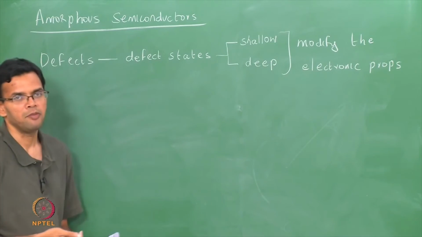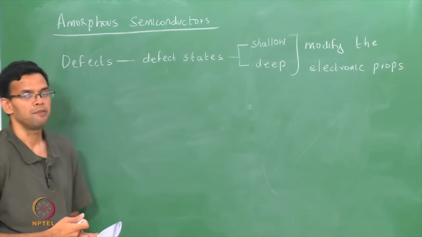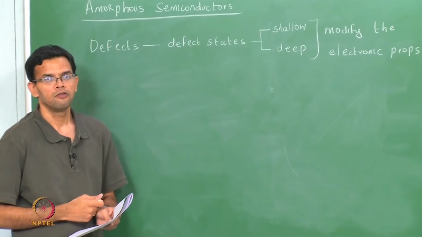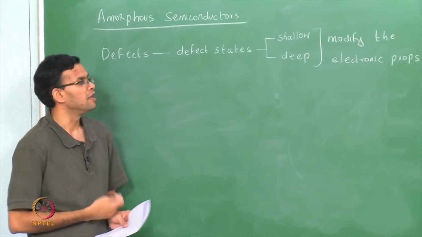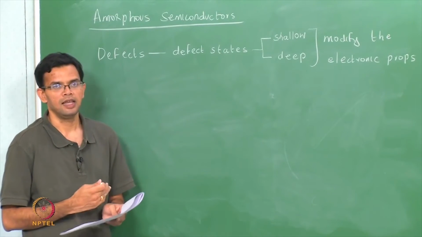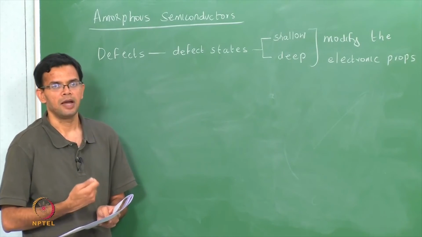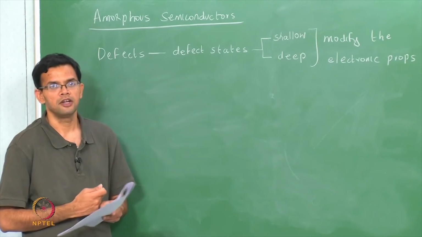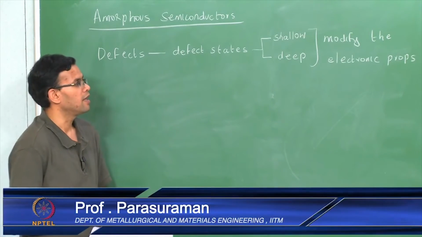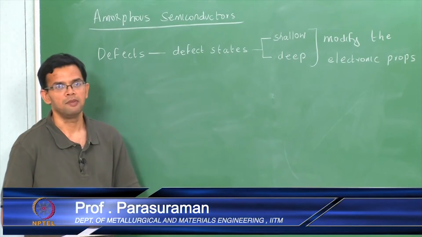So, defects can be good or bad. For example, if you are trying to look for higher conductivity, then defect states can essentially act as traps and trap electrons and holes and then reduce the conductivity. In that case, defect states are essentially bad.